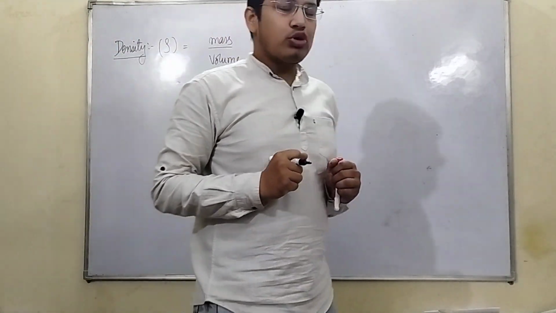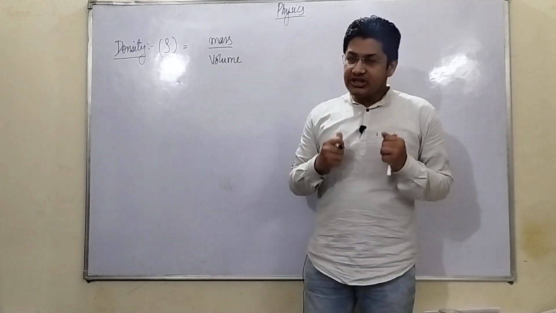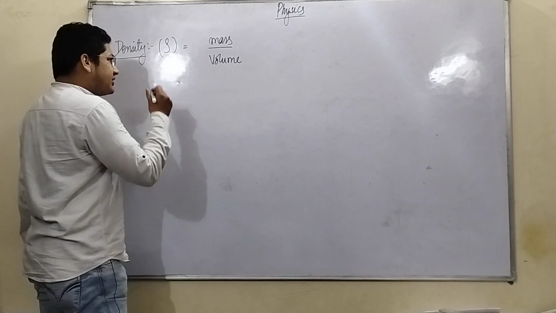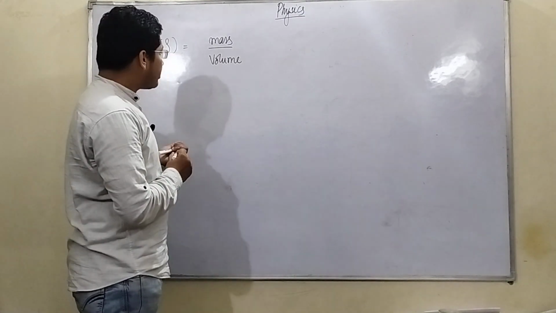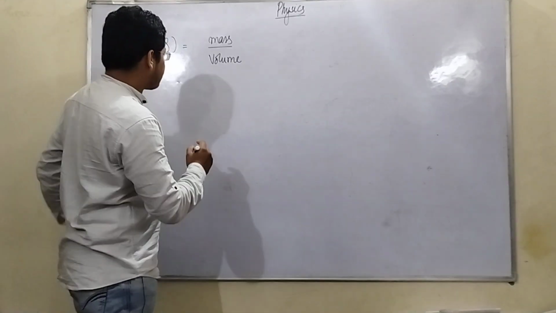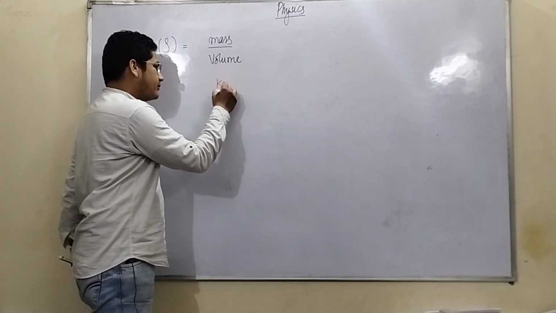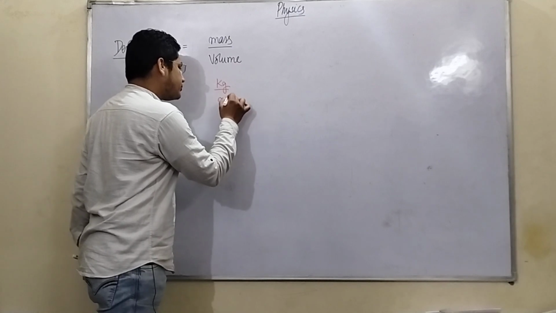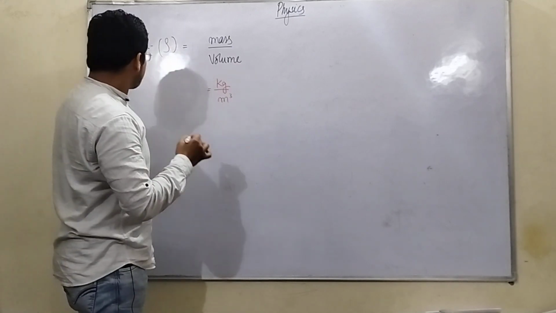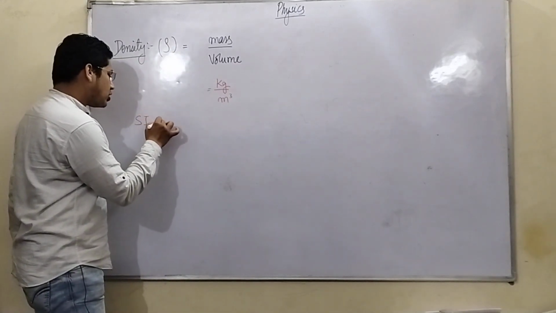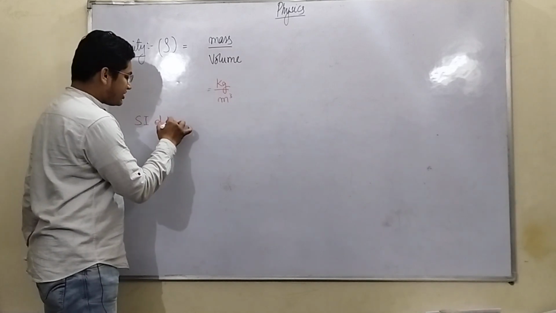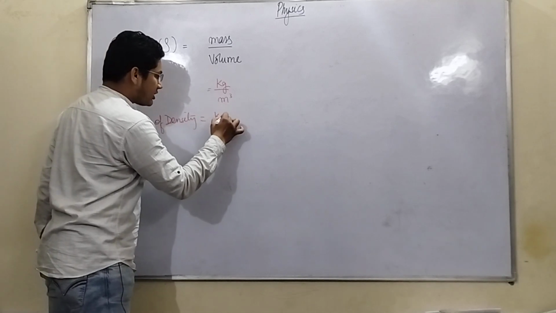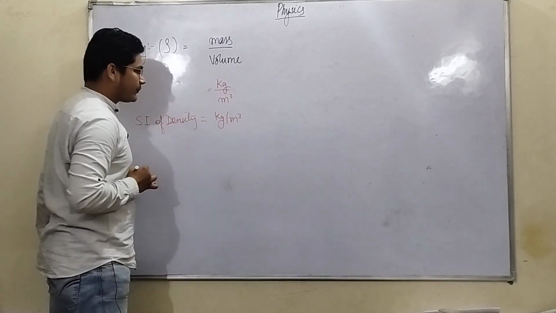Now we will discuss the SI unit and CGS unit of density. So beta, as we know, the SI unit of mass is kilogram, and the SI unit of volume is meter cube. So the SI unit of density is kilogram per meter cube.